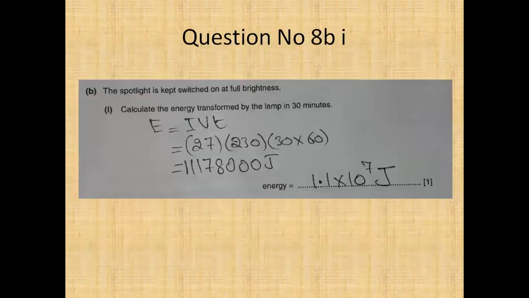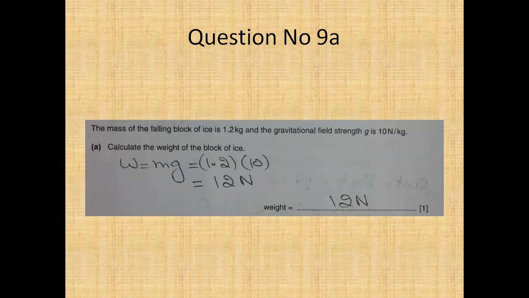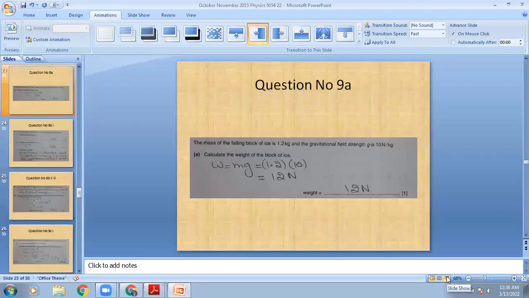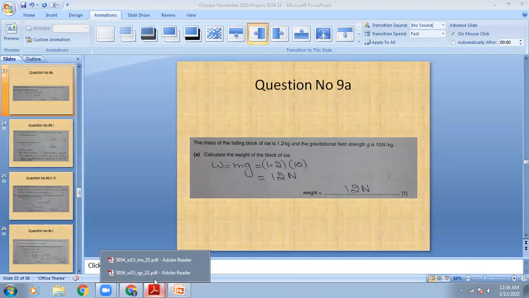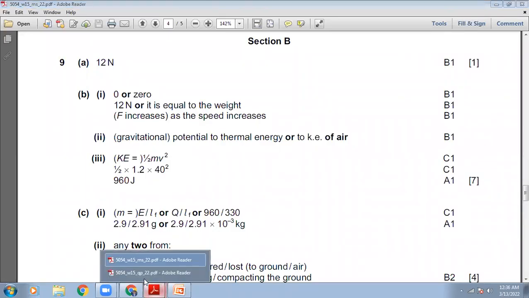Sorry for this inconvenience. So W is equal to mg. So 1.2 multiplied by 10, and that will be 12 Newton. So our answer is 12 Newton. So let's check the marking scheme. 12 Newton is the right answer.